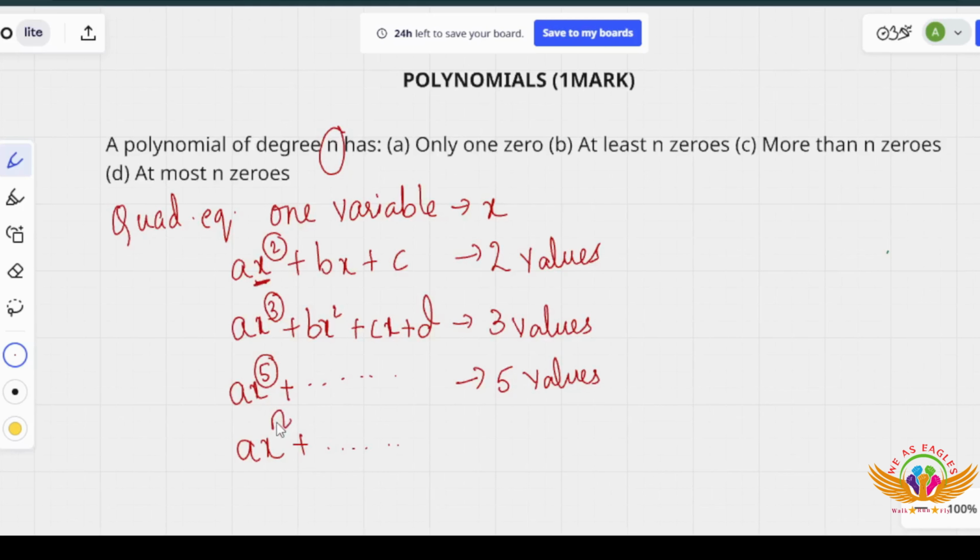How many values will that equation have? See, look here, because it has the degree n, how many values will it be? N values. Yes. Just the degree itself tells us how many values of x are going to come. Alright. Because it has the power n, it has at most n zeros. Okay. Done.